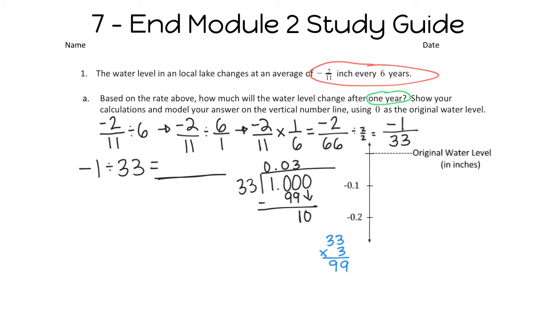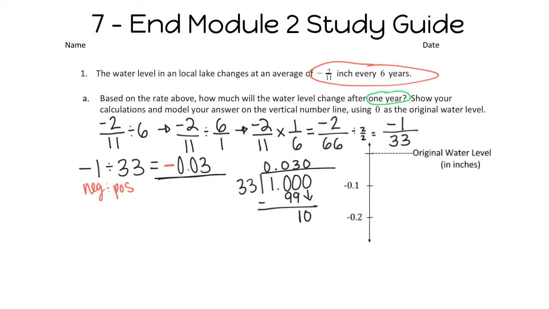And because I have 10 now, I know that 33 cannot go into 10, so I can leave it as a 0. Now that I have done the division for this problem here, remember, I have a negative divided by a positive, and that's going to give me a negative value. So my true value here is going to be -0.03, okay? And we do not need the 0 behind there.